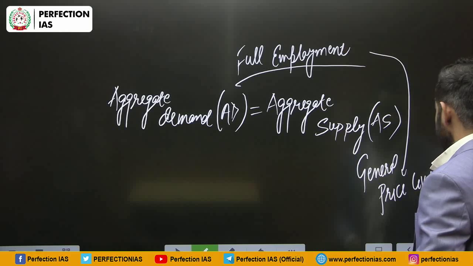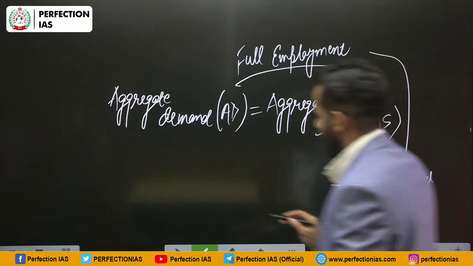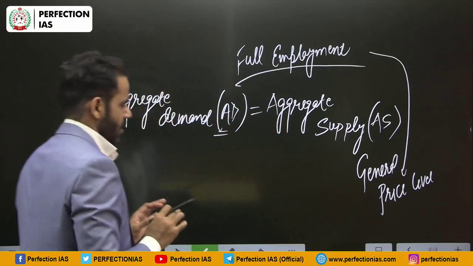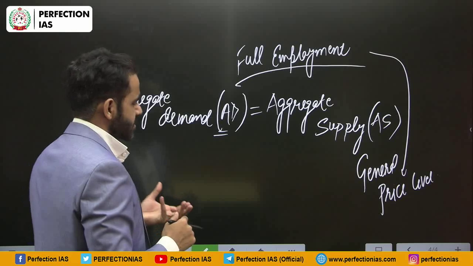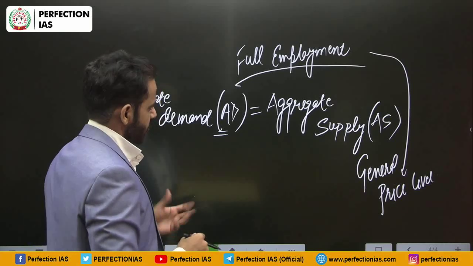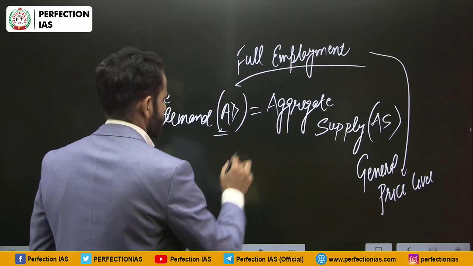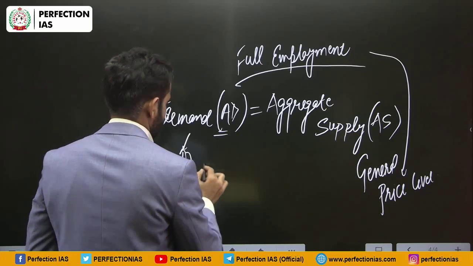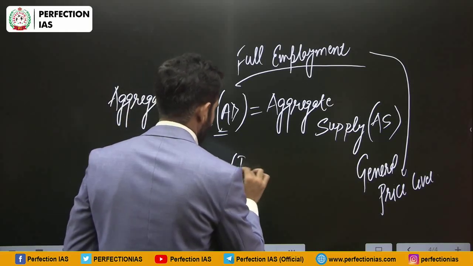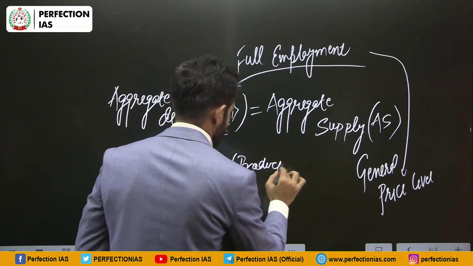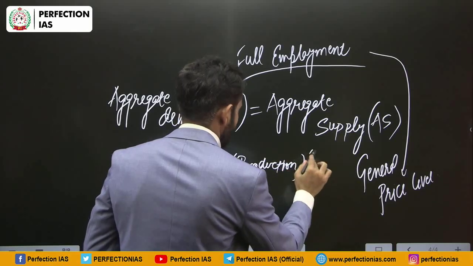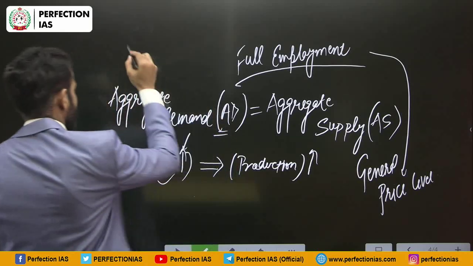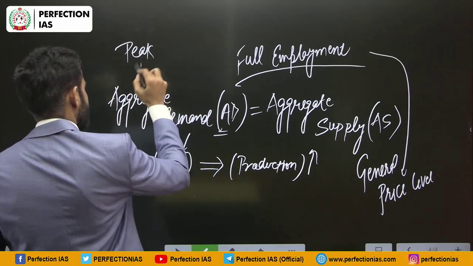Why so? First thing first, when aggregate demand and aggregate supply are equal, that means neither is there higher requirement nor any higher supply. So demand is not increasing, so there is no need to increase the production further. Therefore, there is no need to hire more people. That means it is a situation of peak employment. Peak means maximum.